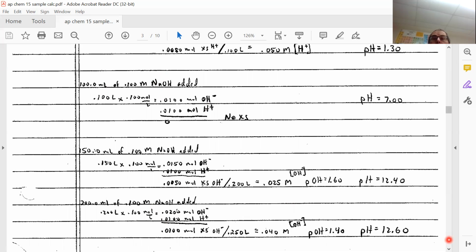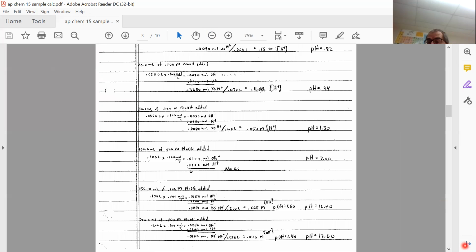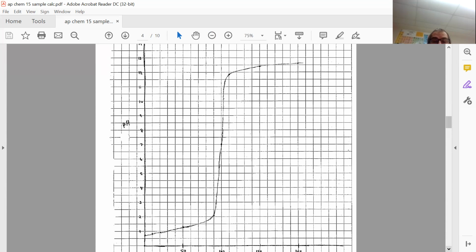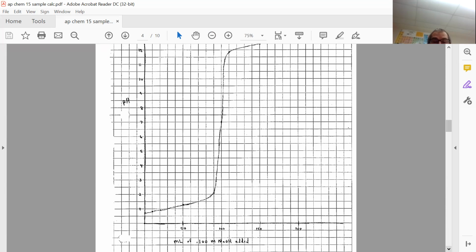Let's go back and look at our titration curve. I'm going to shrink this up just a little bit. Notice I have my points in this titration, and I draw these different points in just to emphasize this.